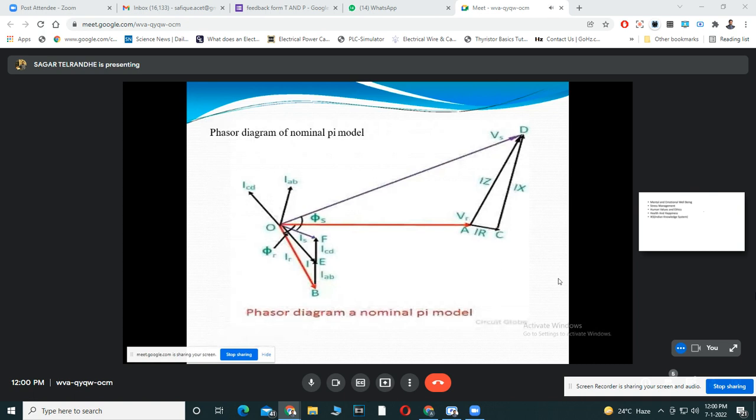Now, all the parameters that we have assumed earlier are represented here in a phasor diagram of a nominal pi model.